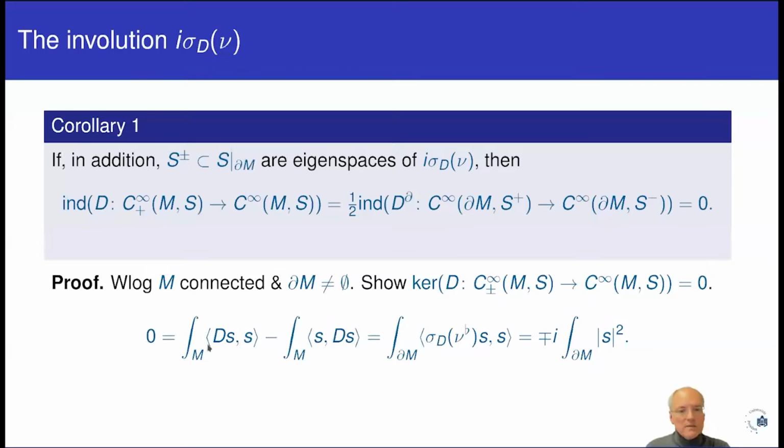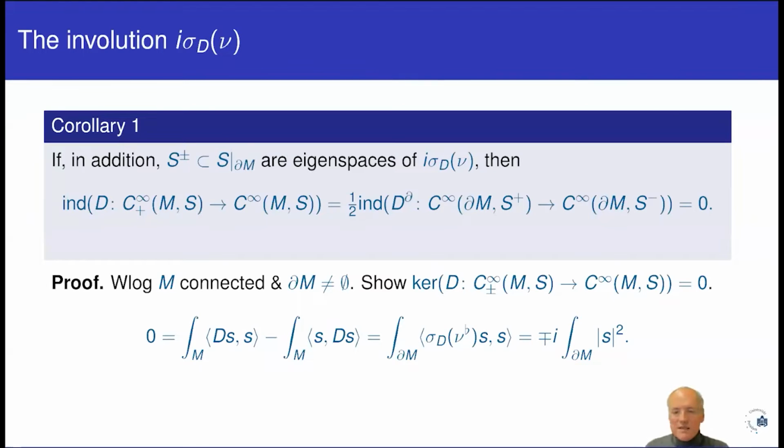On the other hand, by integration by parts, I obtain a boundary contribution, which is given by this general Green's formula. And now the boundary condition pops in, which tells me that this is either plus s or minus s, up to a factor of i. So what we get, up to some prefactor, is the integral of |s|squared over the boundary, and that is 0. So s is 0 along the boundary.